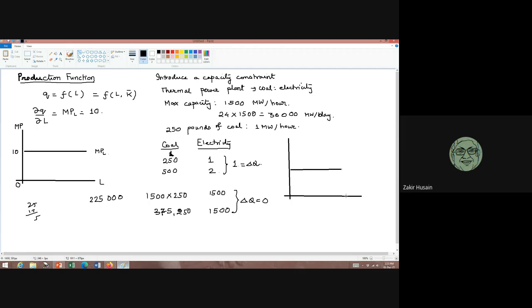After that, it falls to 0 over here. So this is 1 and this will be 375.